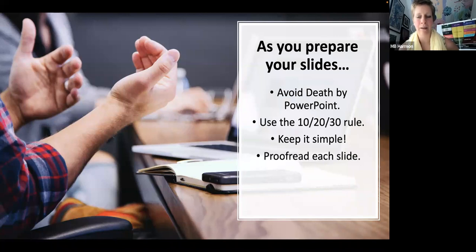Okay? I would say try to proofread each slide. Sometimes I go back and I think, oh my gosh, I see a big spelling mistake, or I see that I missed something. You have to proofread what you're presenting because it's a way for you to share this information, and you want to make sure that it's really strong.